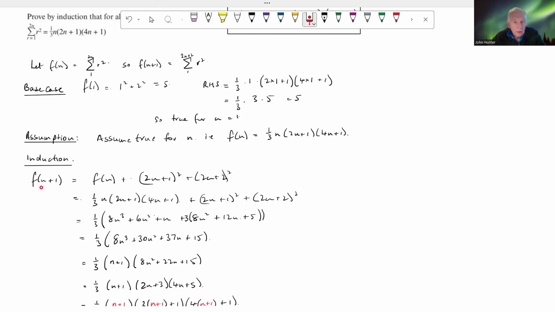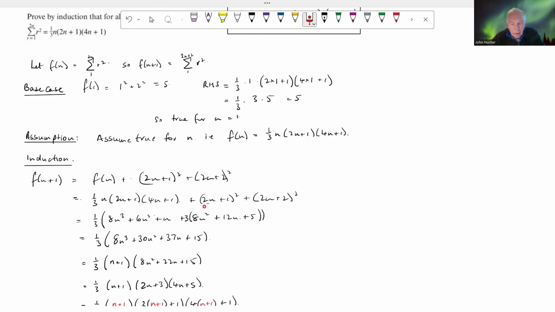So if we write it this way around, we could write f of n plus 1 minus f of n equals this. Okay, but just adding f of n to the right hand side, we get this. Well, that is f of n, that plus that. Right, okay. So now if we factorize out a third, that means we're going to multiply this thing by 3.